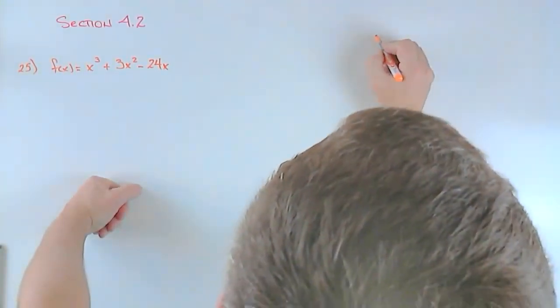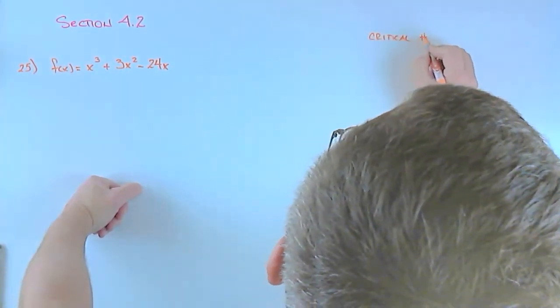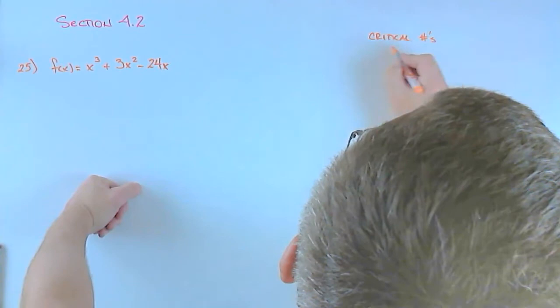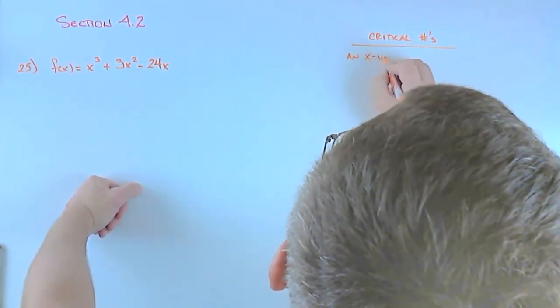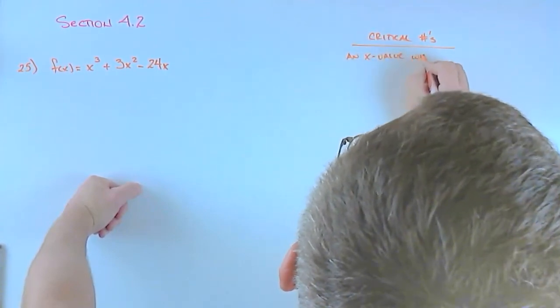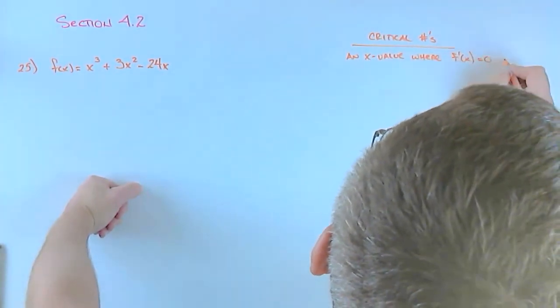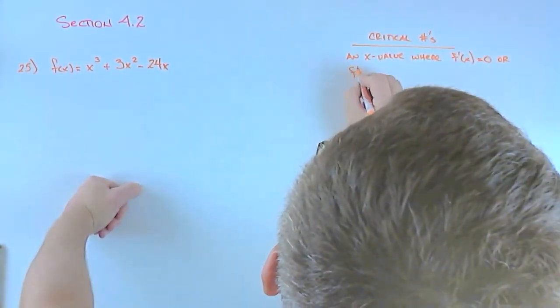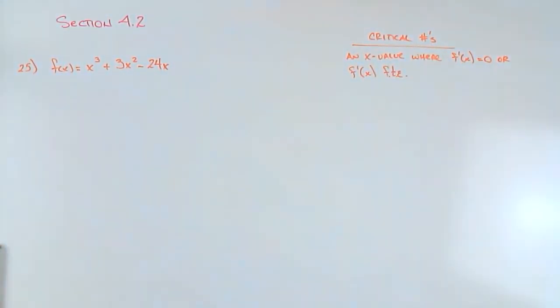Now, we need to recall a critical number is an x value where f prime of x equals 0 or f prime of x fails to exist. That's our definition of a critical number. So to find a critical number, we need the derivative. We're looking to see when the derivative is 0 or the derivative fails to exist.